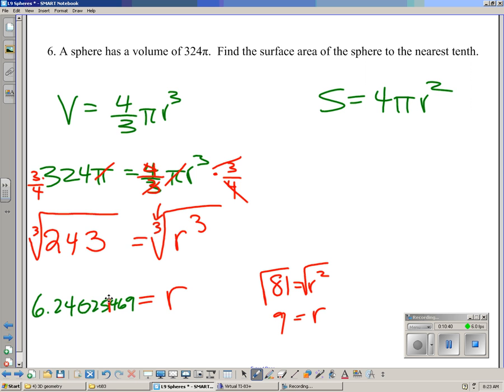Okay. Now we can find the surface area of the sphere. The surface area is 4 pi times that radius. You have to use the whole thing, 6.240251469 squared. And we want it to the nearest tenth, so we can leave pi in the answer.